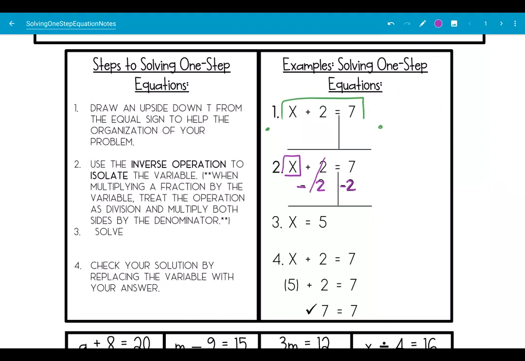That's the whole point. Now we've isolated that x and gotten it alone, and then we just do what's happening on the right side here. 7 minus 2 is 5. So our final answer is that x is equal to 5. We can check that solution by substituting 5 in for our variable. 5 plus 2 should equal 7, and it does.